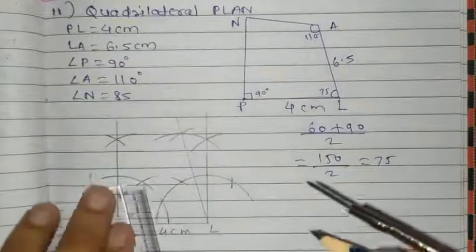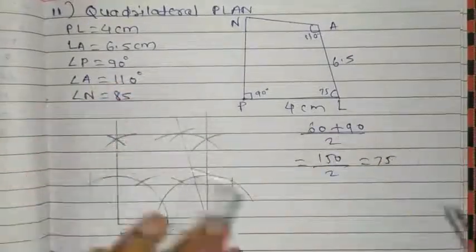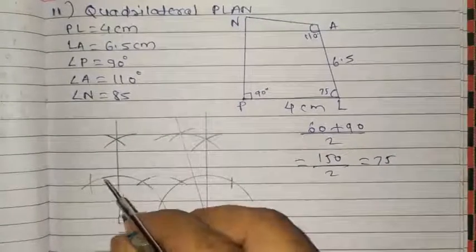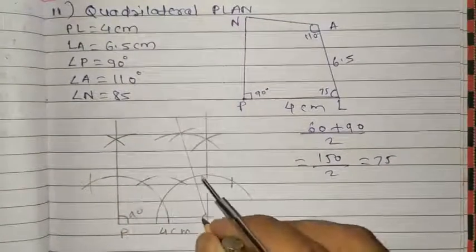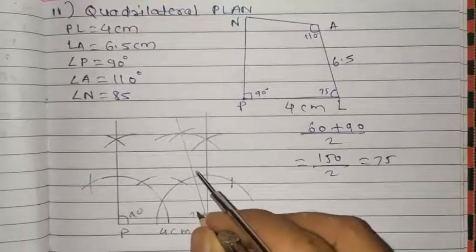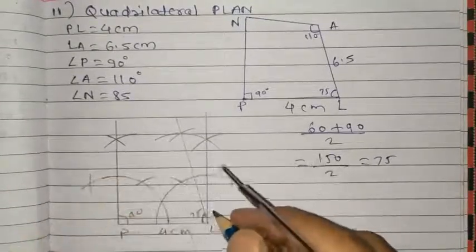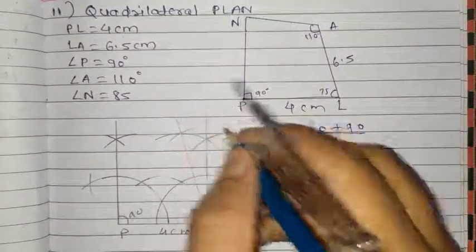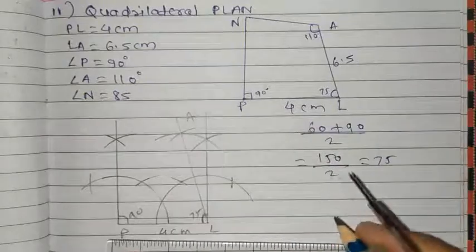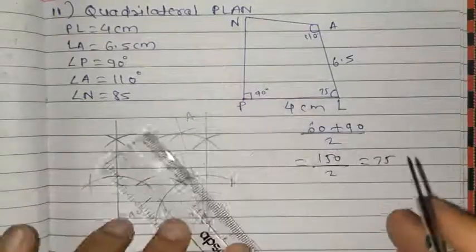This is what we got, 75 degrees. Sorry, this angle is 75, and this line, somewhere we will get A here, but the length LA is 6.5.